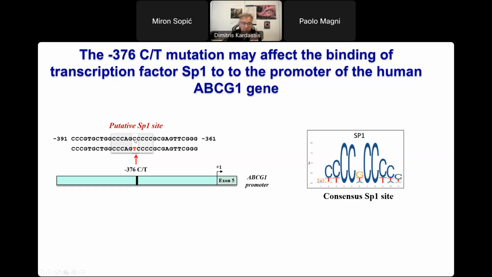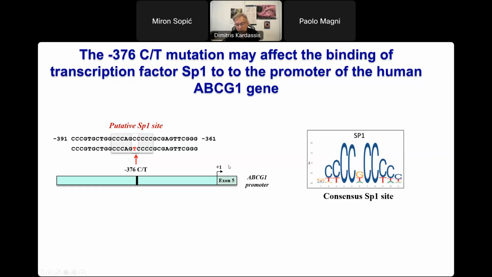And for this variant, it gave us homology with a binding site for a transcription factor called SP1, specificity protein 1, which has multiple Cs and Gs. This is the consensus binding site for SP1. So if you compare this region, this sequence with the consensus, there is some homology. And the presence of the T somehow changes this consensus, changes the binding site, presumably. We didn't know that. We wanted to prove that.